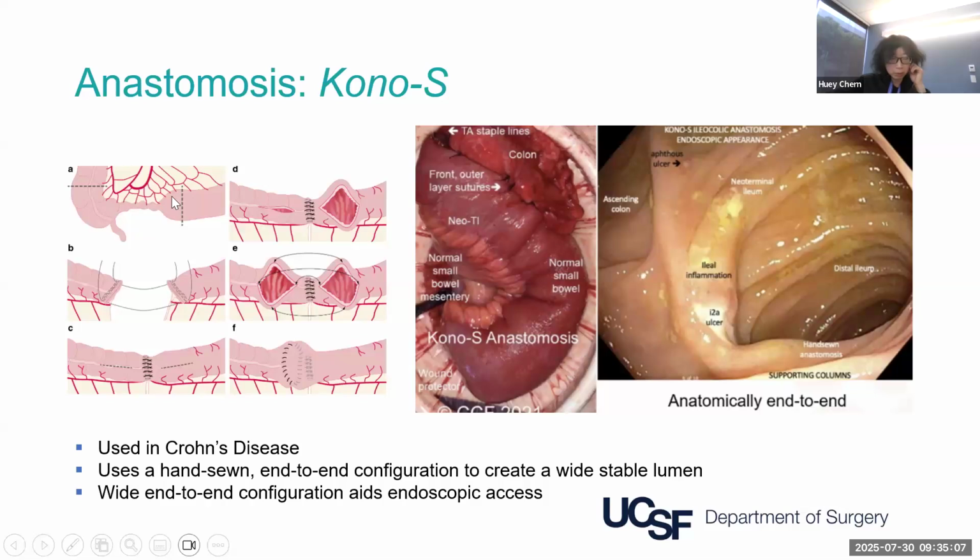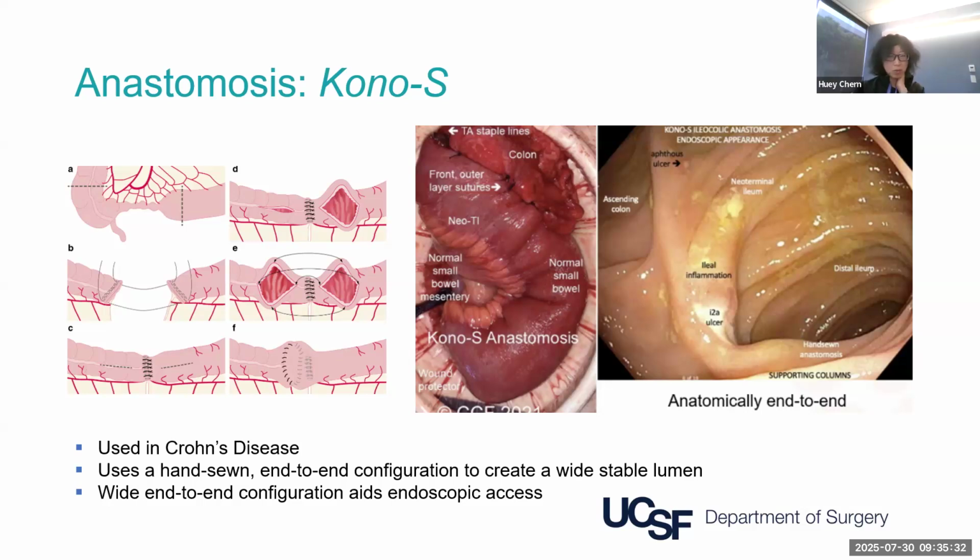That's removed, and the way this anastomosis is formed is to bring the two ends together, stabilize the mesentery column, and then form this hand-sewn anastomosis on the anti-mesenteric side.